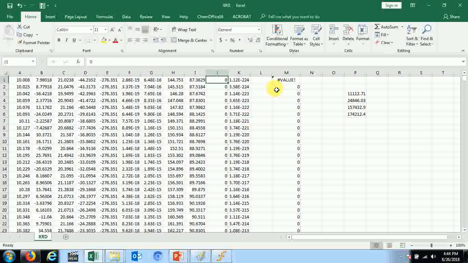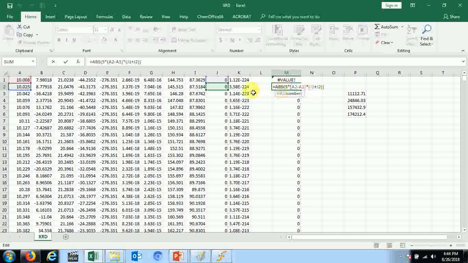It is so negligible. So for the last but one peak, we can consider it as negligible.